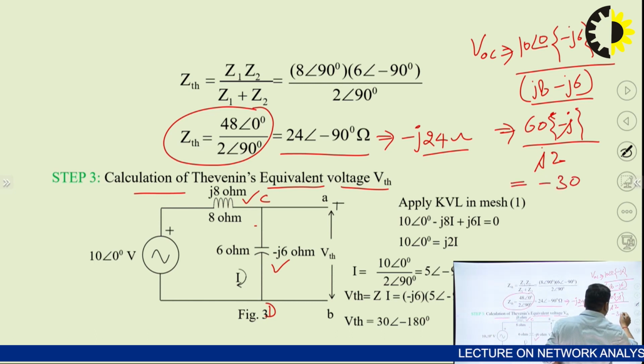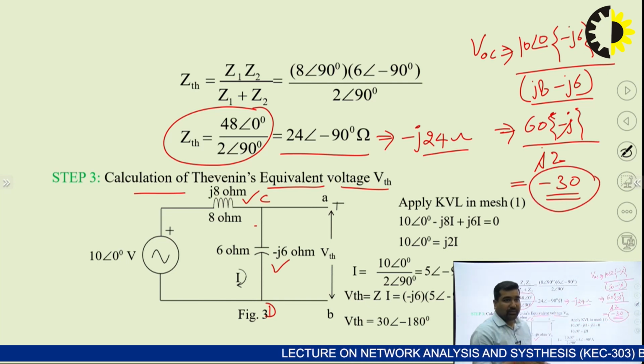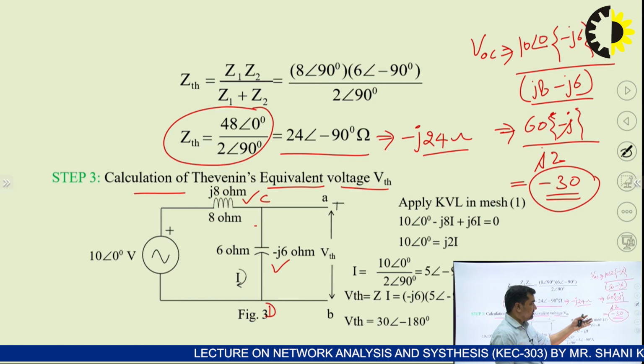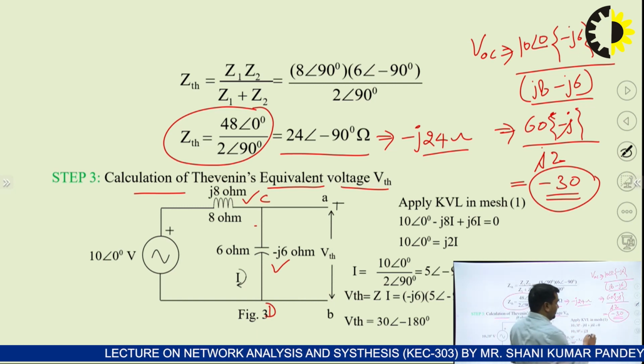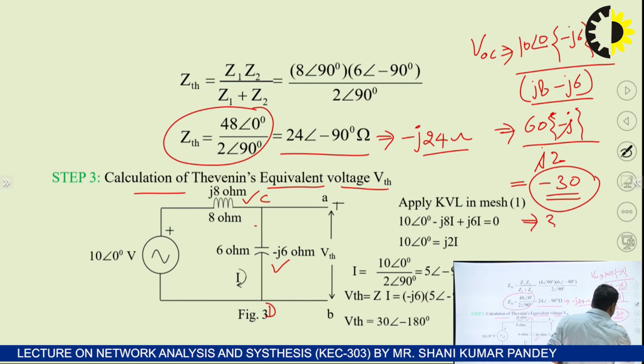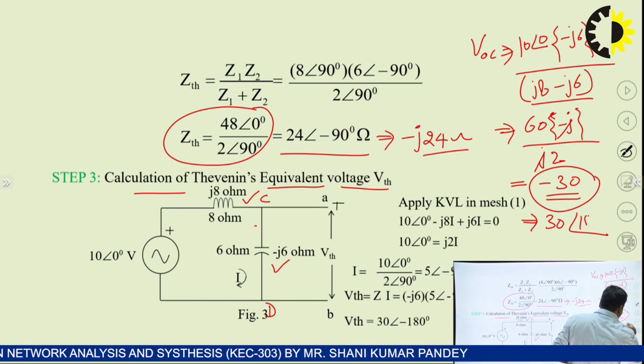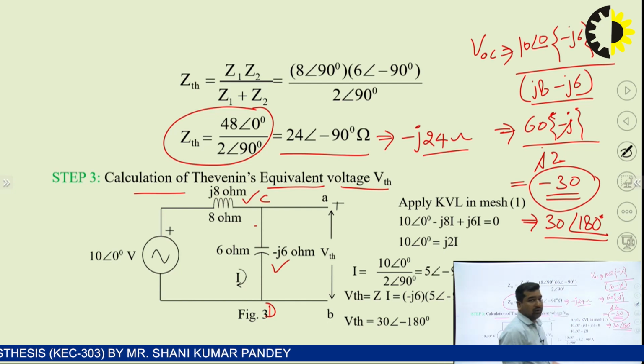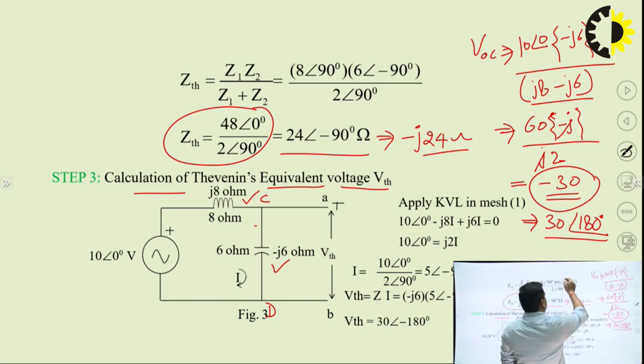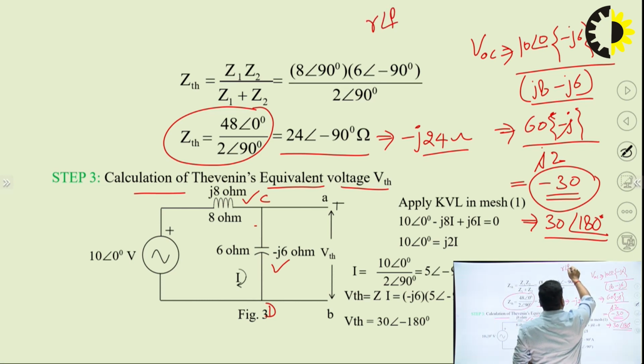So it becomes minus 30. Minus 30 means the magnitude, because it consists of phase, so you can write it in a good way, that is 30 angle 180. You cannot write minus 30 volt, because it is not the case of DC, it is AC. So we have to follow the form R angle phi.